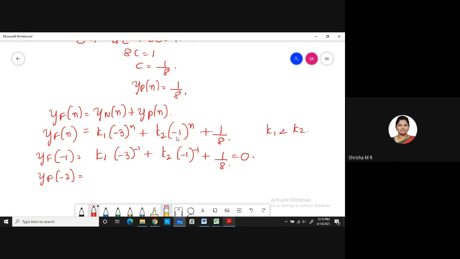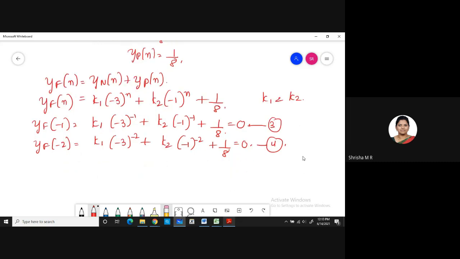Wherever you have n, replace it with minus 2. So you have k1 into minus 3 to the power of minus 2 plus k2 into minus 1 to the power of minus 2 plus 1 by 8 is equal to 0. So this is equation 3 and equation 4. We are finding the forced response by assuming zero initial conditions. Now find k1 and k2 and tell me what you will get.